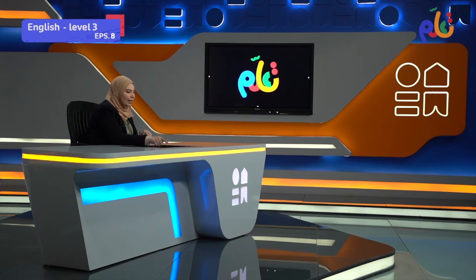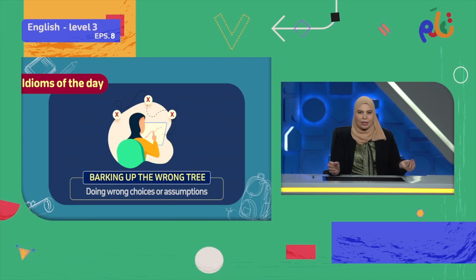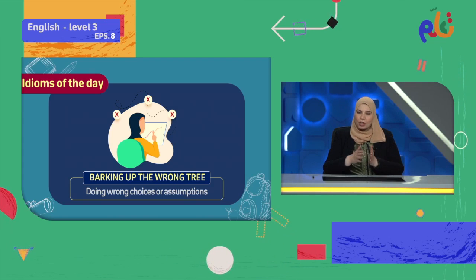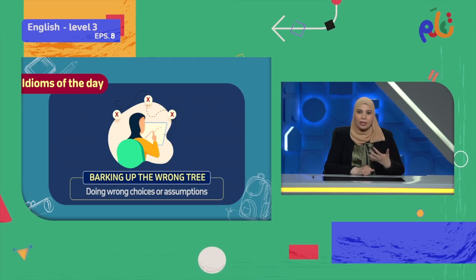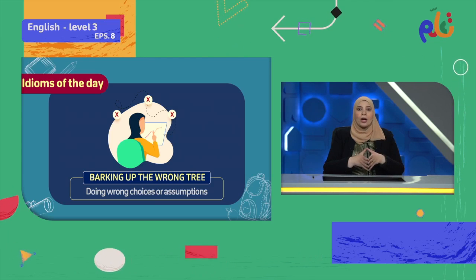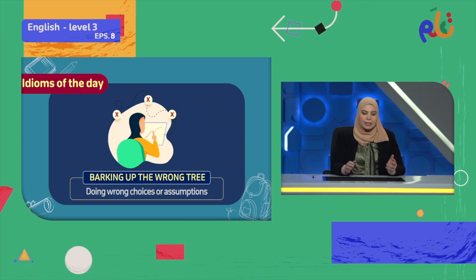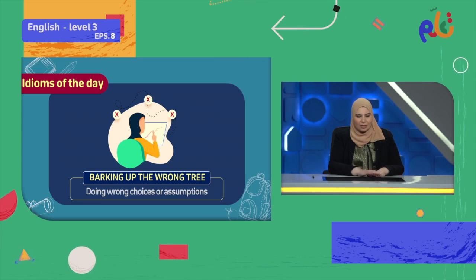And the third one is beat around the bush, and bush is the word that is connected to nature. So the meanings of them: beat around the bush, not being direct; making mountains out of molehills, enlarging or making a problem bigger; and barking up the wrong tree, wrong choices or wrong assumptions.